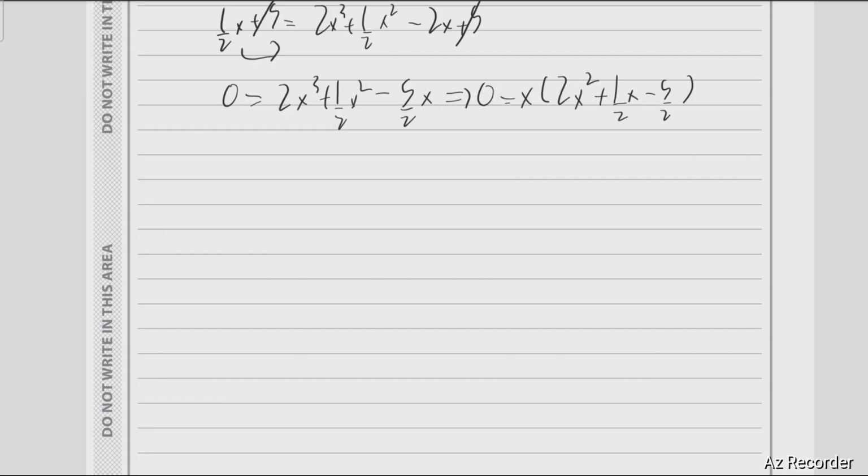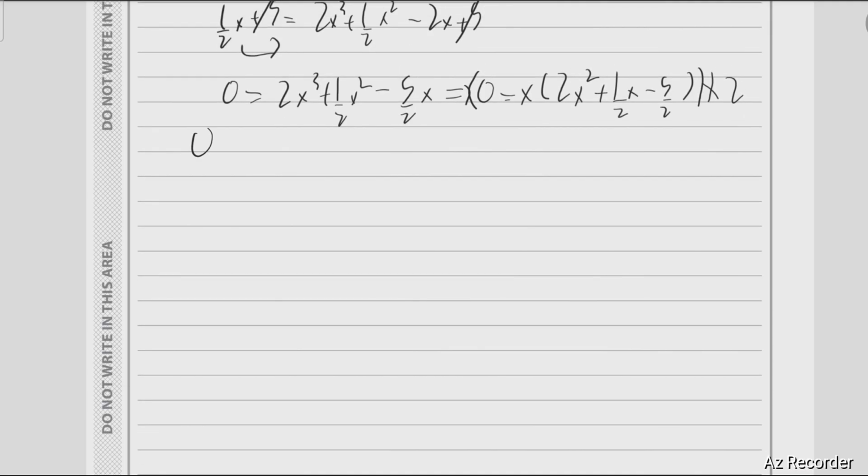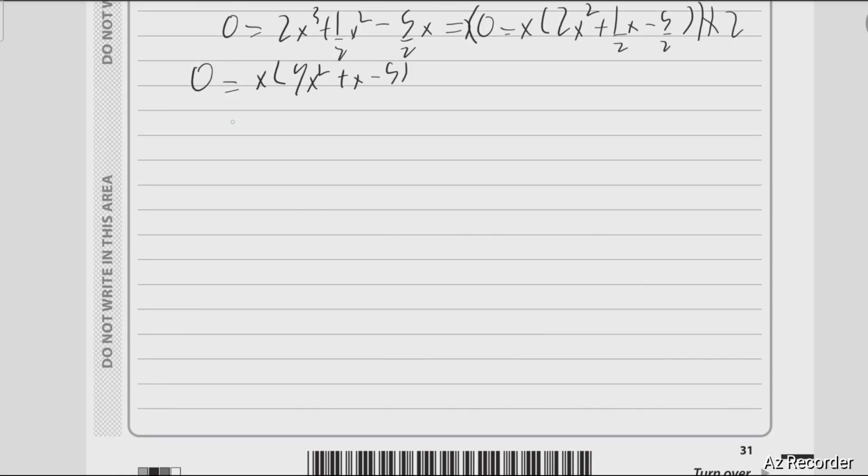Now, I'm going to multiply the whole equation by 2, just so that I can make it all whole numbers: 4x squared plus x minus 5. Now that's easier for me. You don't have to do that, but it's just for me.